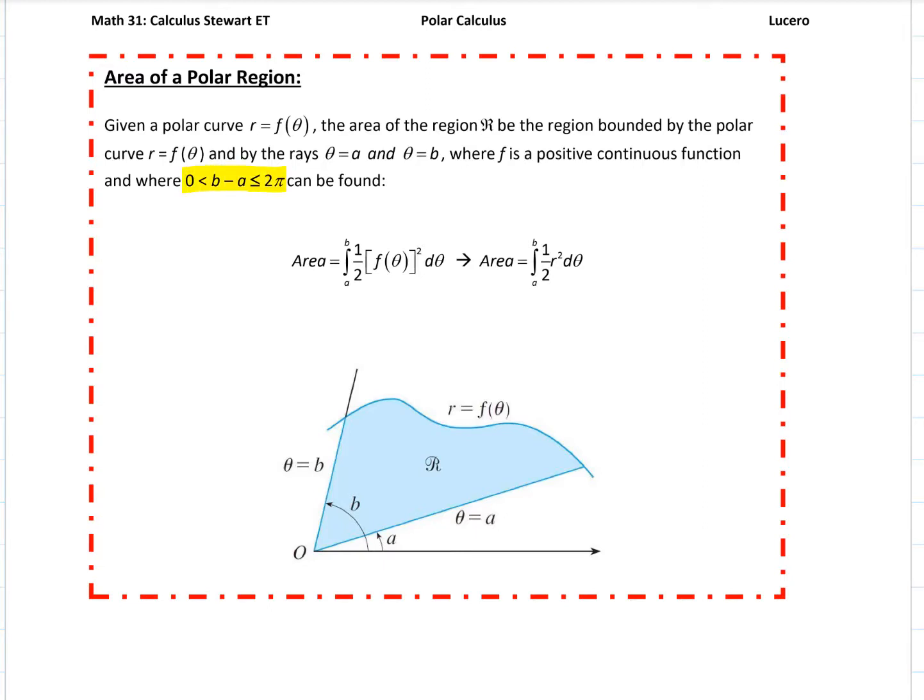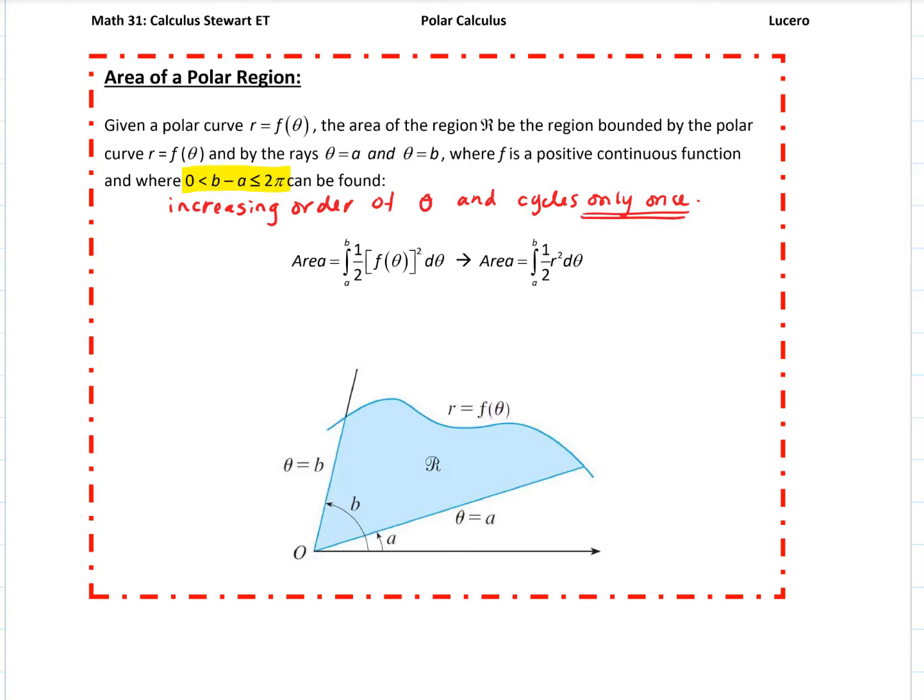Again, this means that we're going in increasing order of theta, and we're going once through the circular coordinate system. So a is less than b, increasing order of theta, and cycles only once. Okay, so we'll talk about that in just a second in an example, how we guarantee that.